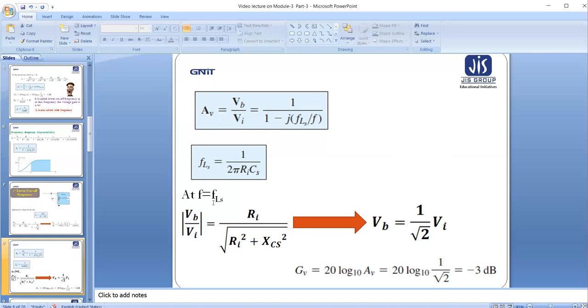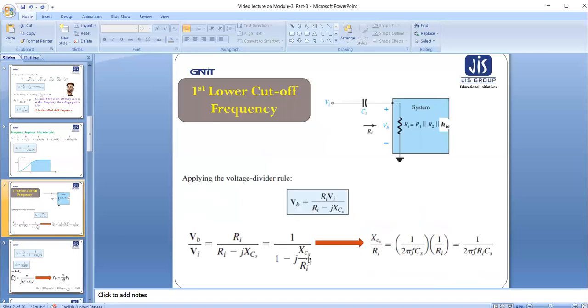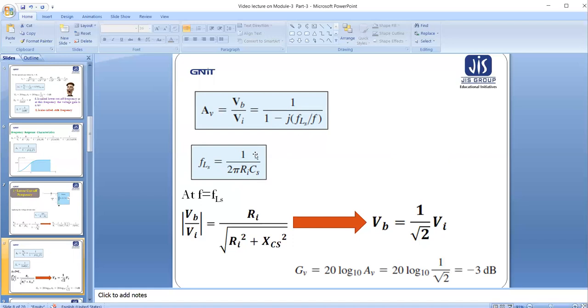At F equals FLS, if we substitute the value, what is the voltage gain? The voltage gain will be Ri divided by root over Ri square plus XCS square. It becomes 1 by root 2 Vi, just like the previous concept.